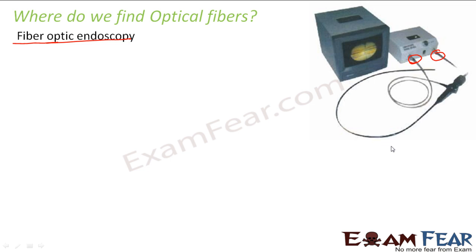When the light goes inside, you are able to view things which are there inside, and the other optical fiber will take the light back from inside your body to outside. This is attached to a CCTV camera for a better view. In that camera, you can view the internal organs of the body, because when light reaches inside your body and you connect it to a screen, you are able to view the objects inside.